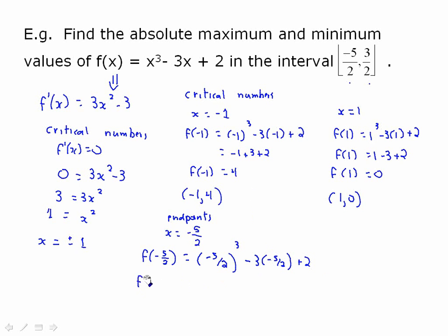So f at negative 5 over 2 is equal to negative 49 over 8. So the ordered pair will be negative 5 over 2, comma, negative 49 over 8. Now on my calculator, of course, as a decimal, it wrote that as negative 6.125. So we want to be aware of that.